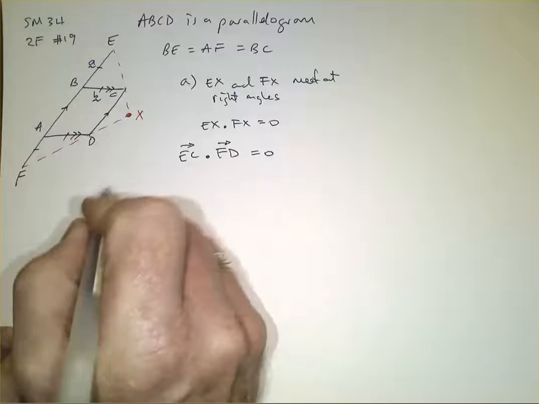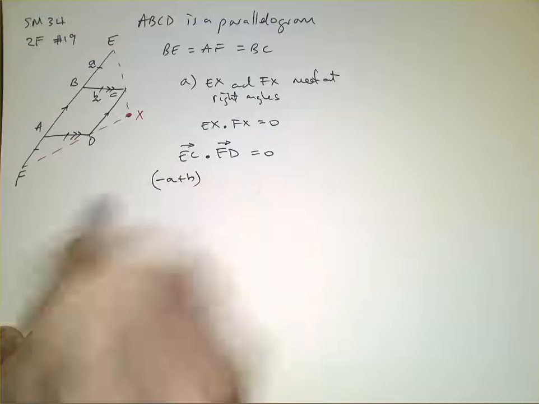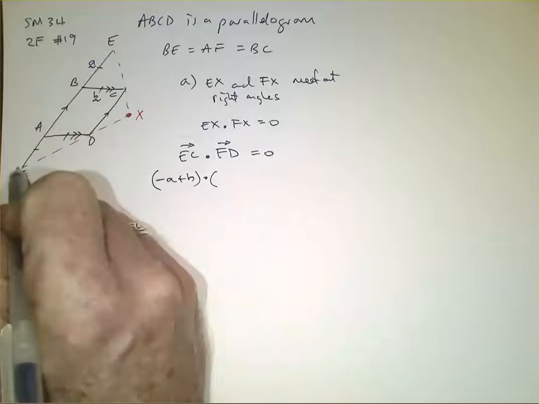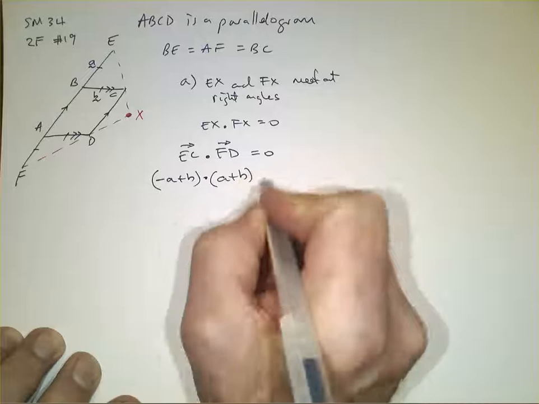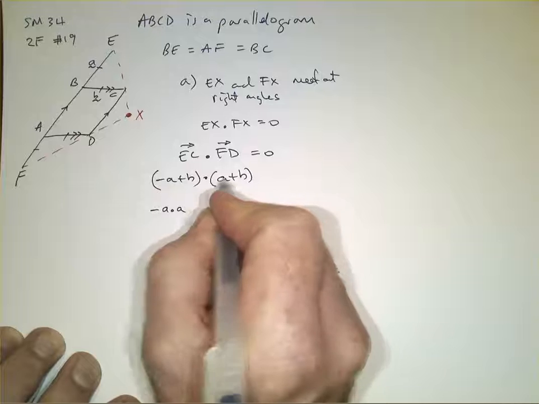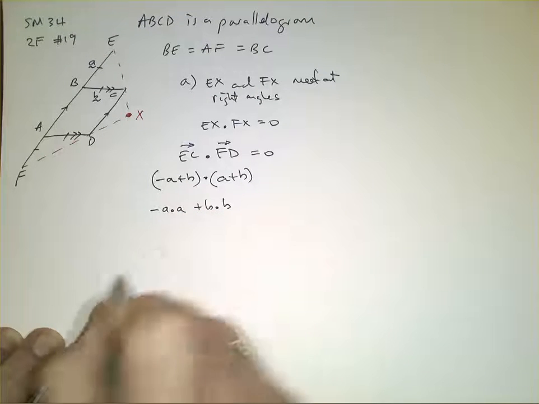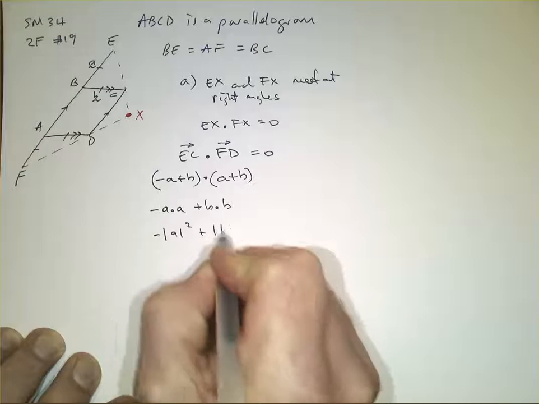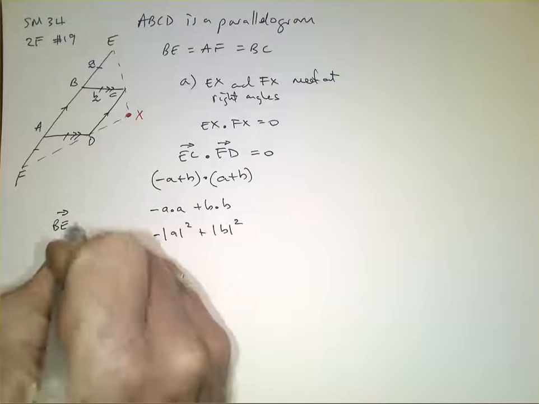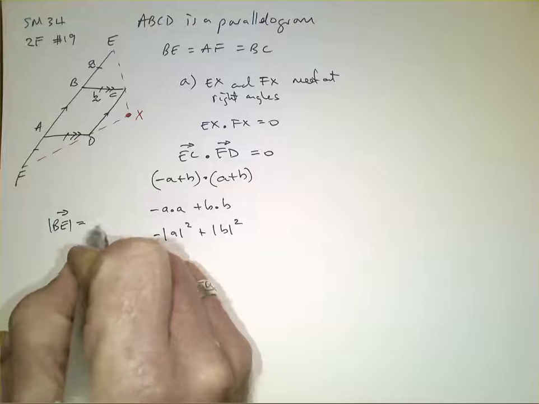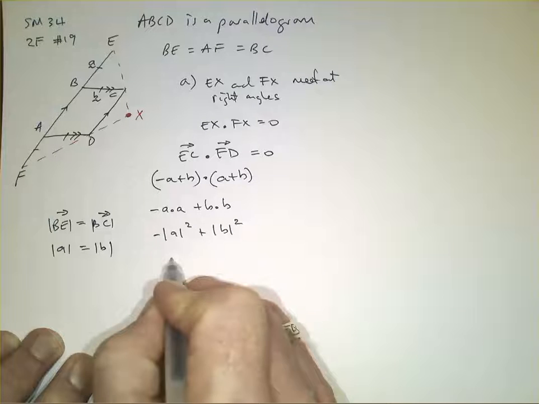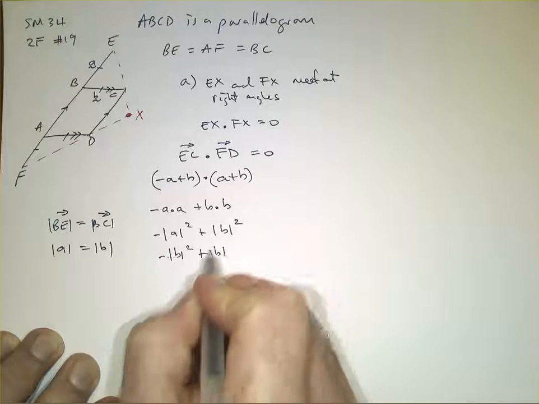EC is the same as minus A plus B, because from E to C is going down there and across there, dot FD, which is A plus B. And that's going to be minus A dot A minus A dot B plus A dot B plus B dot B. The magnitude of A squared negative plus the magnitude of B squared, and since BE equals the magnitude of BC, therefore the magnitude of A equals the magnitude of B, therefore these are equal to each other, which is 0.